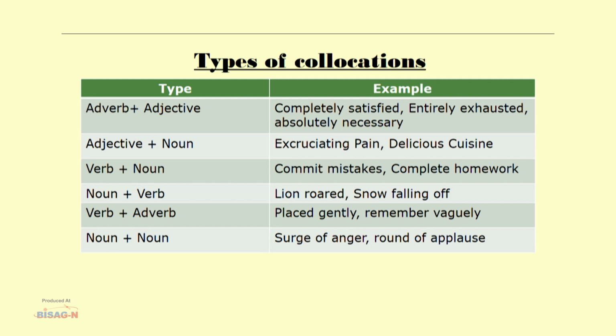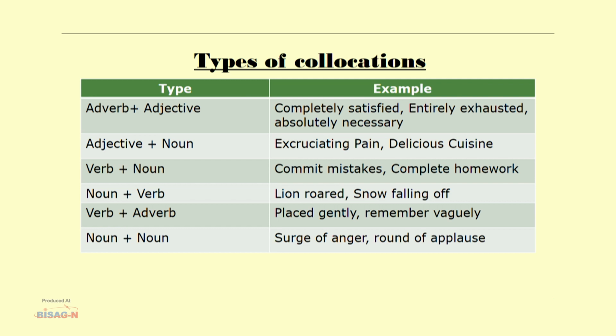Now let's look at an adjective and a noun. There can be a collocation that consists of adjective plus noun. The example on your screen is excruciating pain or delicious cuisine. Now if you see excruciating and delicious, both the parts of speech are adjectives.